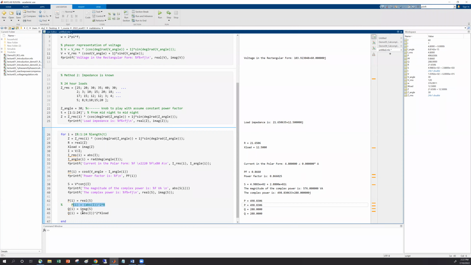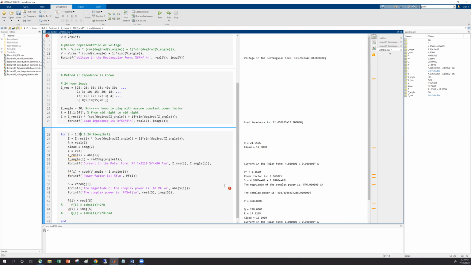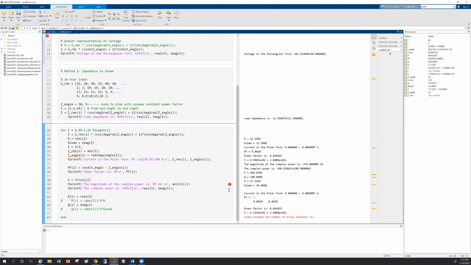Okay, so let me just comment those out. So this will complete one iteration. So if I want to do, say, from 1 to 5, then I run this whole thing.